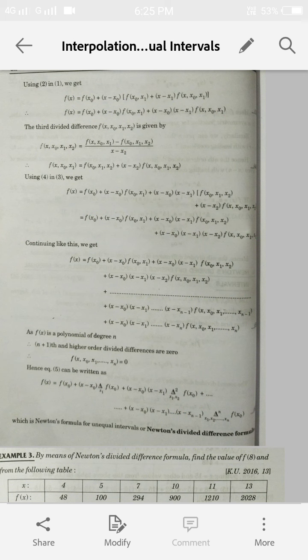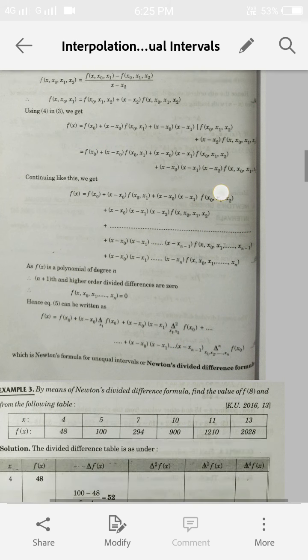Here we have used the notation of divided differences because f of x0, x1 we can write as first order difference, f of x0, x1, x2 as second order differences, and the last term will be nth order differences. And this is Newton's divided difference formula. Now we can use this formula for finding the value when these arguments are not equally spaced.